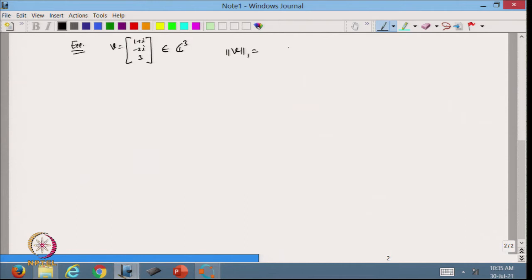So the one norm in this case will be taking the modulus, or the magnitude, of 1 plus i.